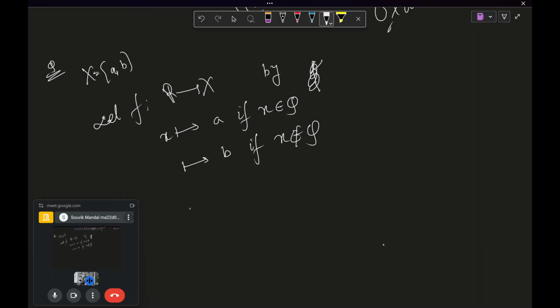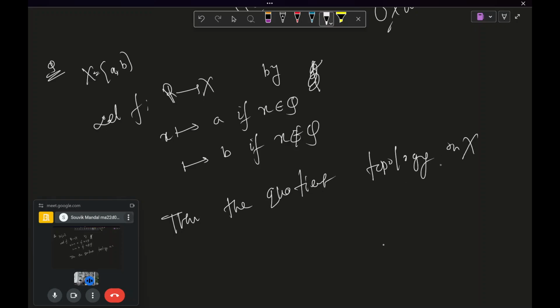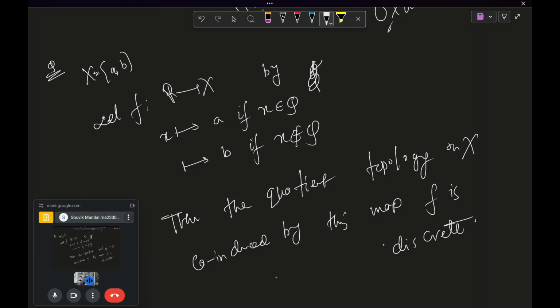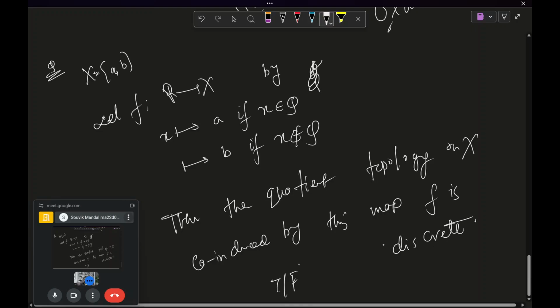So the question is whether the quotient topology on X, which is induced by its map, is true or false.